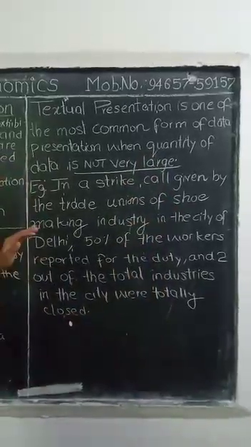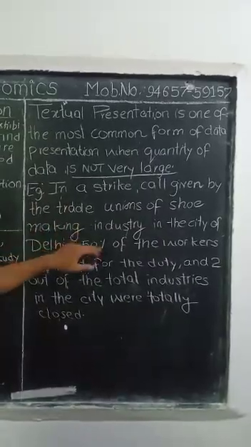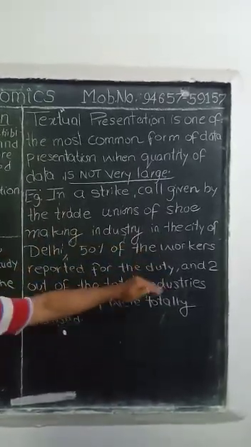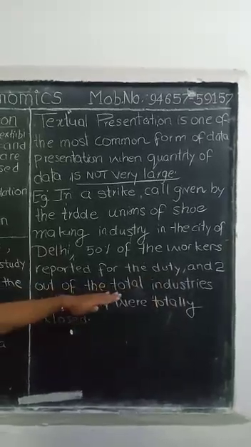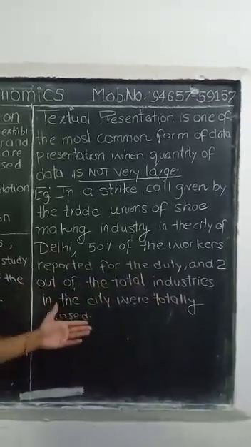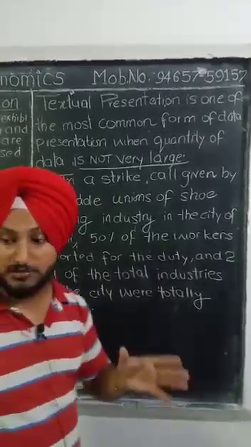For example, in a strike call given by the trade unions of the shoemaking industry in the city of Delhi, 50% of the workers reported for duty, and 2 out of the total industries in the city were totally closed. So what does it mean?